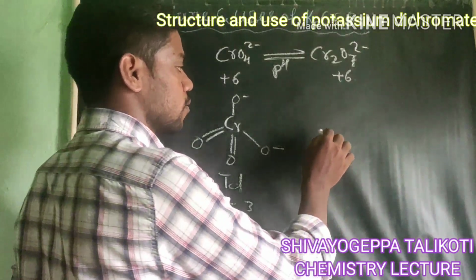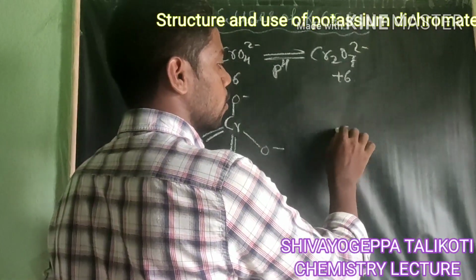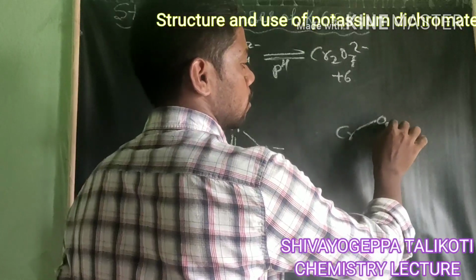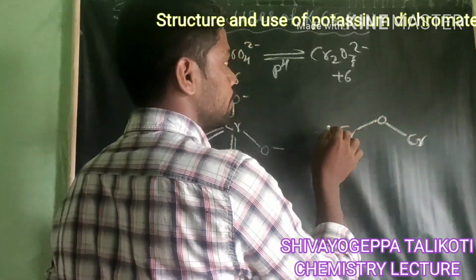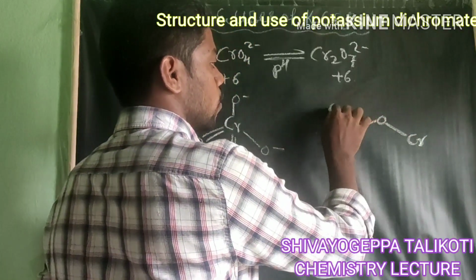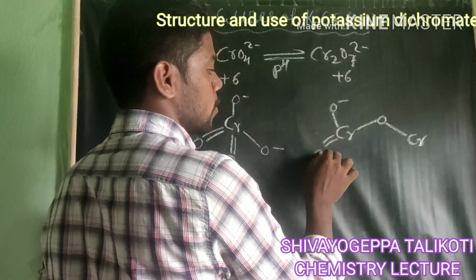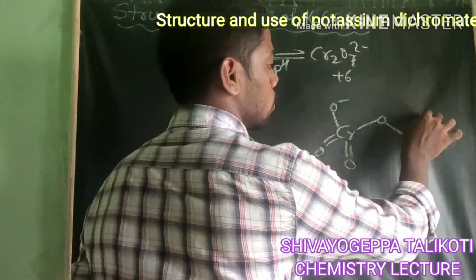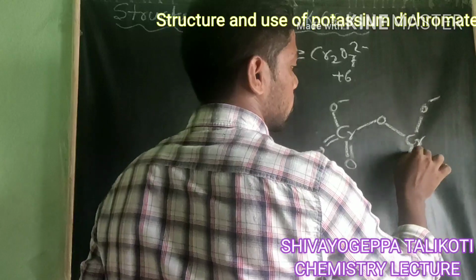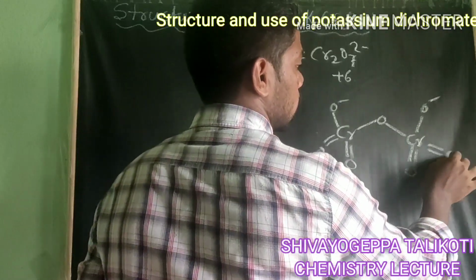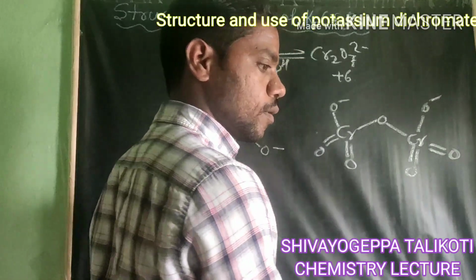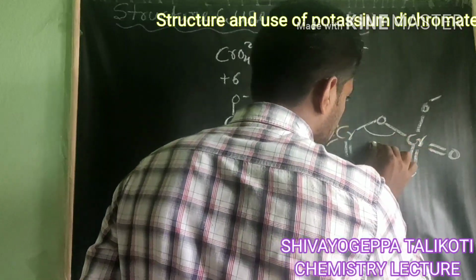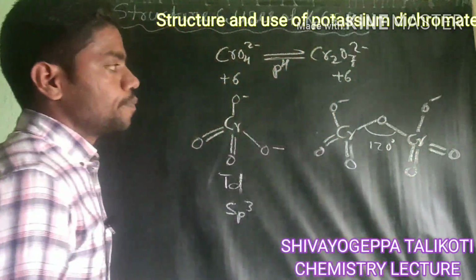Next, for this one, chromium, oxygen, chromium, then O minus double bond O, O minus double bond O, dear student, and this bond angle will be 120 degrees.